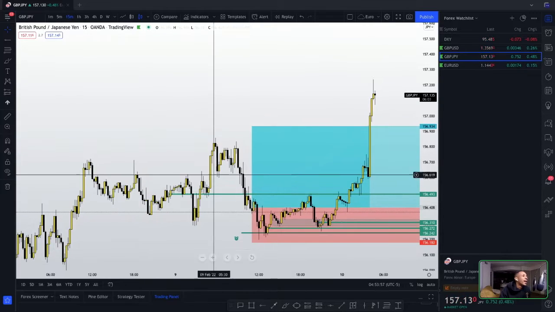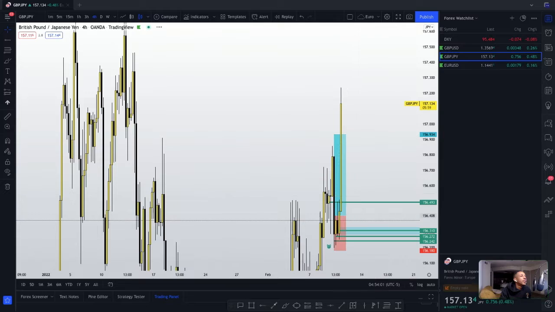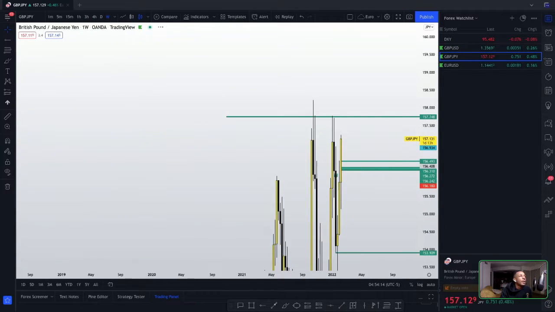Besides that, the main thing that made this trade worse than a trade that I even lost this week on pound USD was the area that I'm trading in. We pop out to the weekly.